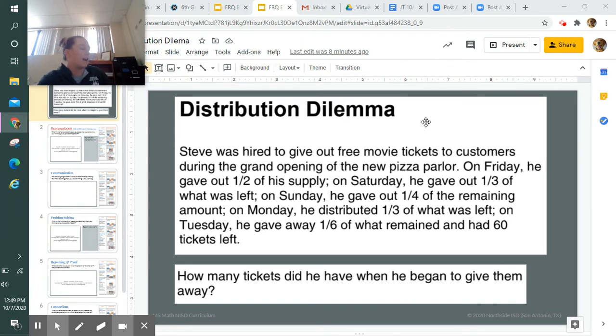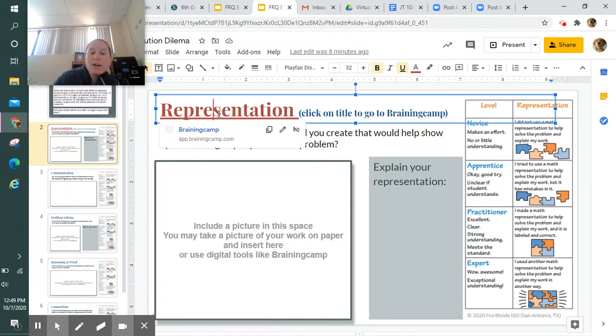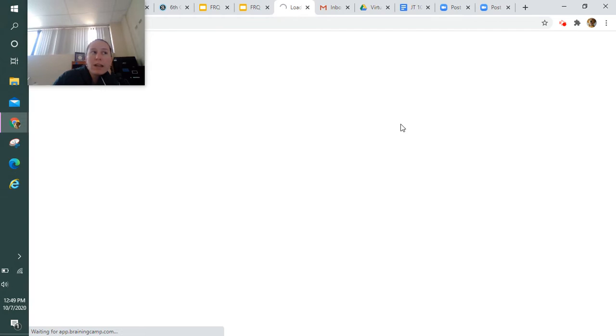Okay, so we're trying to figure out how many tickets there were in the beginning. If we go through here, the first thing we have is our representation. If we click here, it will take us straight to Braining Camp, and we want to represent this problem with pictures.